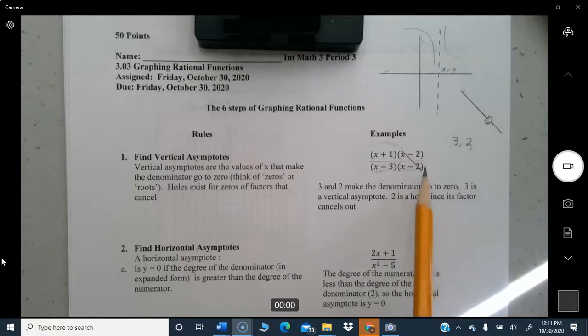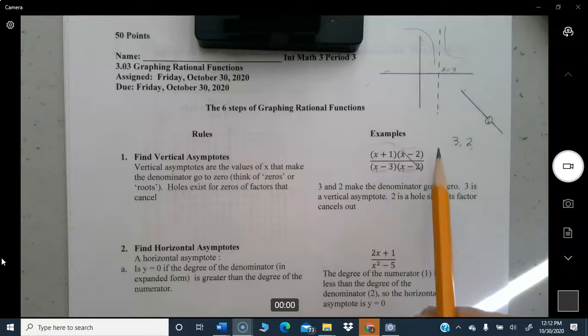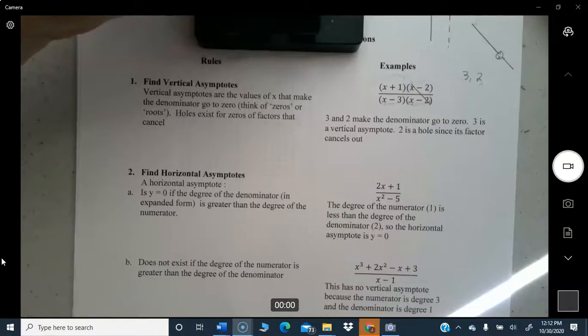So the 2, whenever you have a factor like this that cancels out, the value of x that makes it go to 0, in this case 2, is a hole. If it's a canceled value, it's a hole. If it's not a canceled value, like x minus 3, so the 3 is not canceled out, that would be a vertical asymptote. Okay?